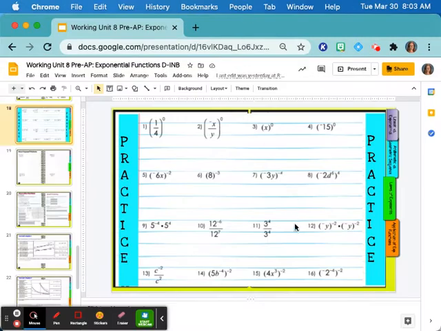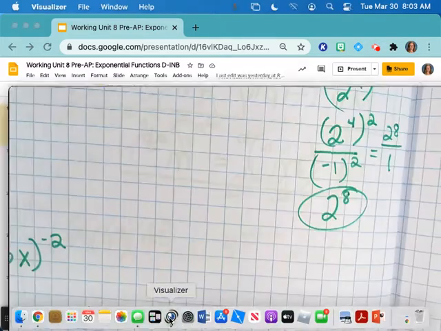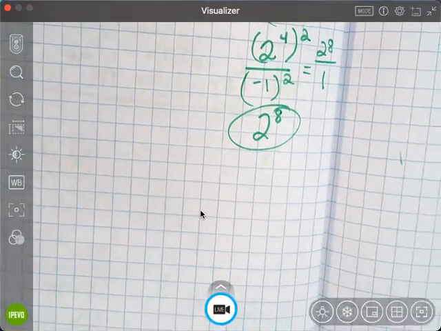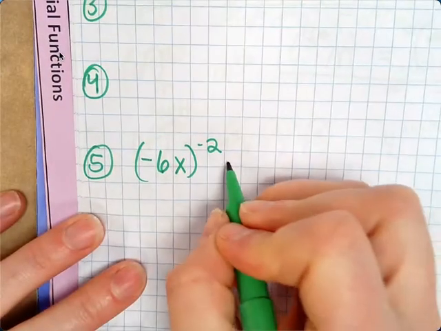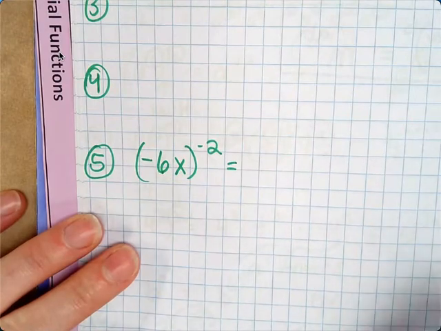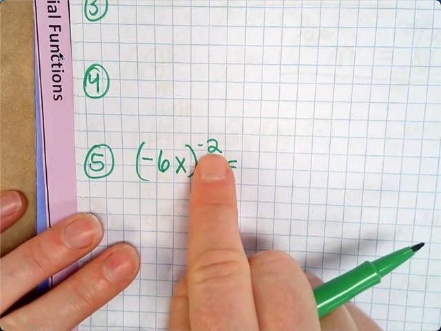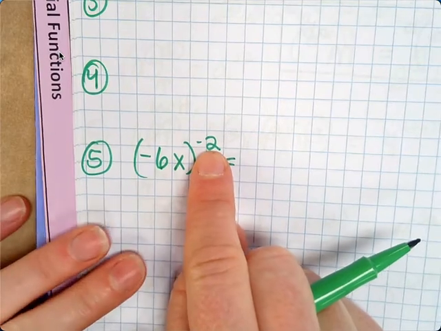All right. Let's see. Let's look at number 5. I'm going to write it down. Negative 6x to the negative 2. So if we have a negative 2 power, we get rid of it by doing the reciprocal.